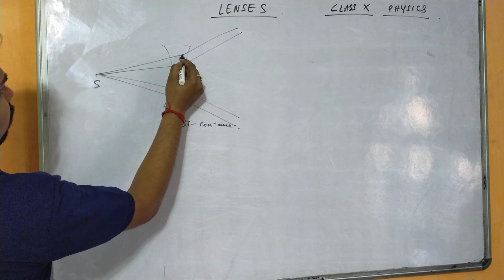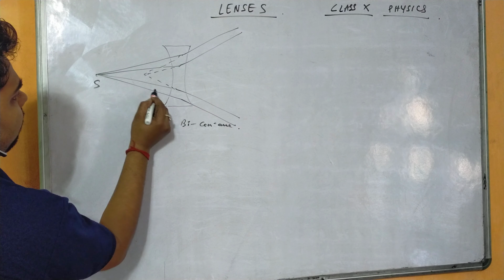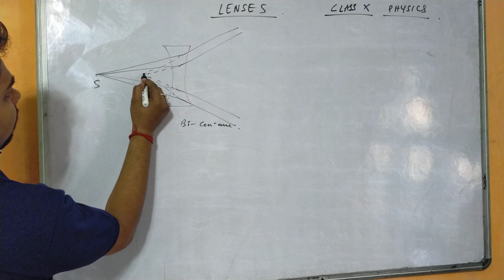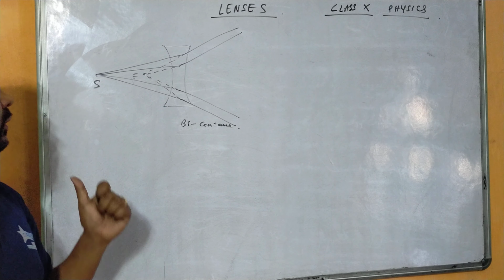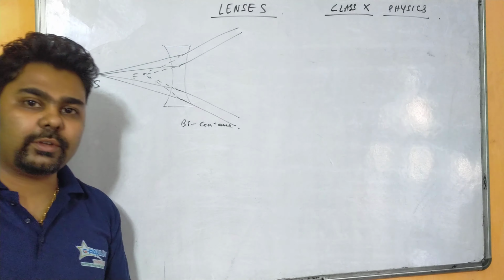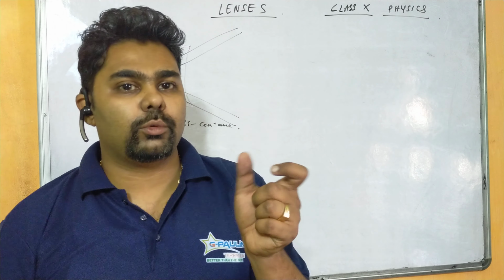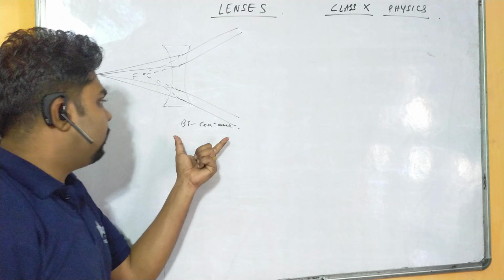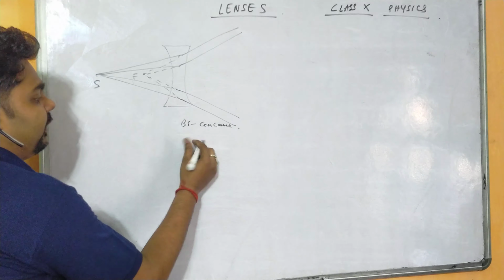Now if you produce it back, this forms an image here. That is, the focus is formed in front of the concave lens. But in case of convex lens, we see that the image is formed on the right hand side. That means the focus was on the right hand side. So the concave lens is considered a diverging lens.